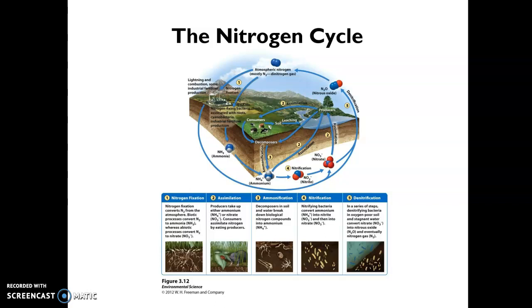And we do so much of that we are affecting the nitrogen cycle, not in terms of how much nitrogen is available in the atmosphere, because there's so much available that we're really not going to be altering the atmospheric portion of the cycle.